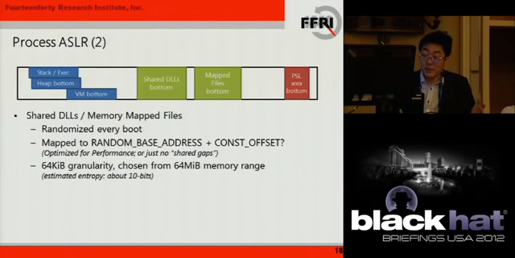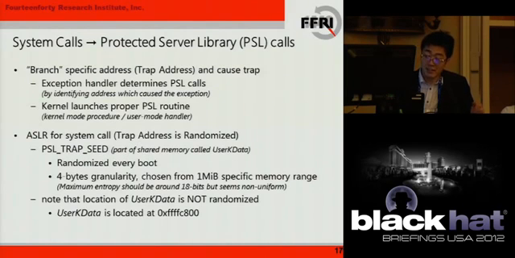Normally, operating systems for ARM architectures use the SWI instruction to make system calls. However, Windows Phone 7 uses a completely different way to make system calls. In this operating system, the PSL calls. The program makes PSL calls by making a branch to a specific address.